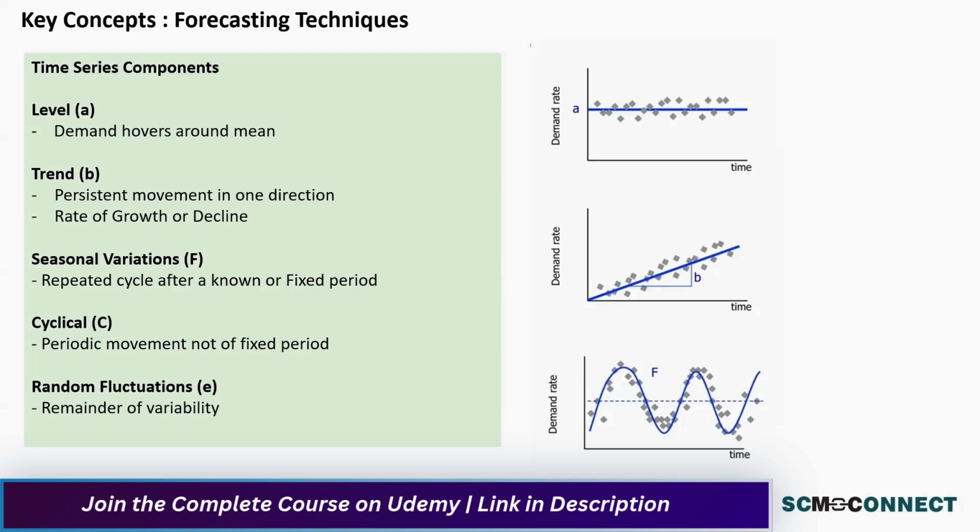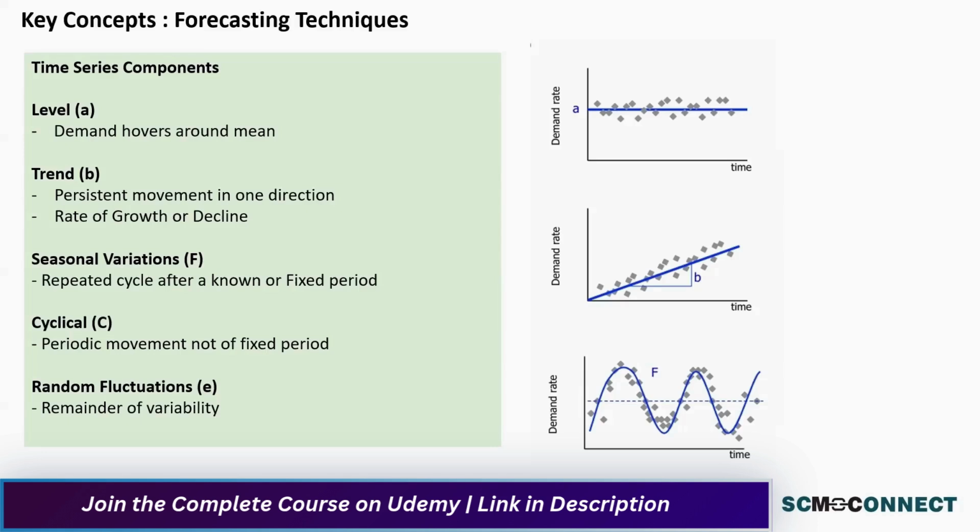So 24 months is a good period to look at these demand patterns, right? अगर डेटा अवेलेबल नहीं है तो जितना मैक्सिमम है उतना है, बट अगर डेटा अवेलेबल है तो वी शुड लुक एट 24 months डेटा. So the first component of time series is level, which is a stable kind of a demand.